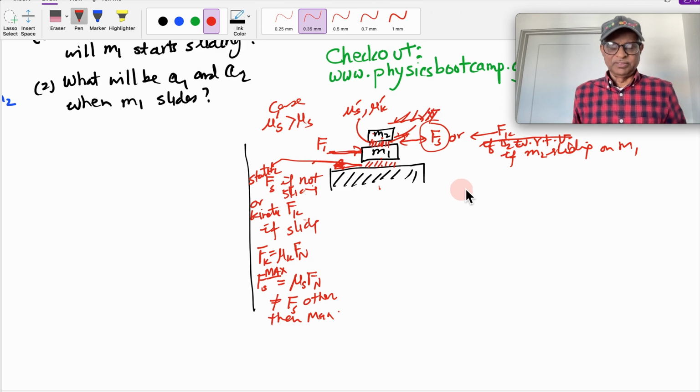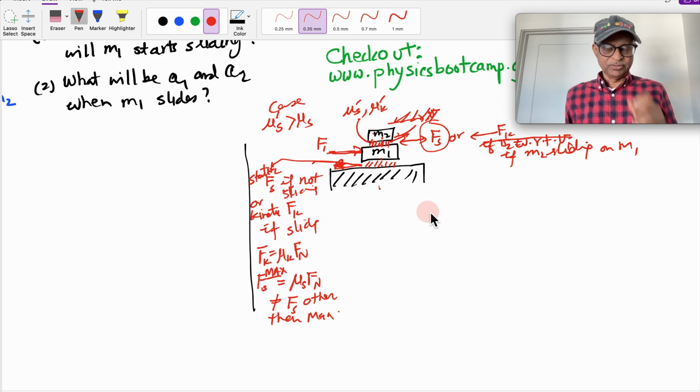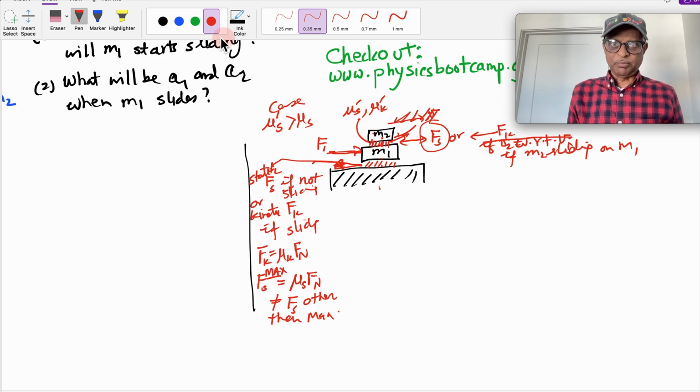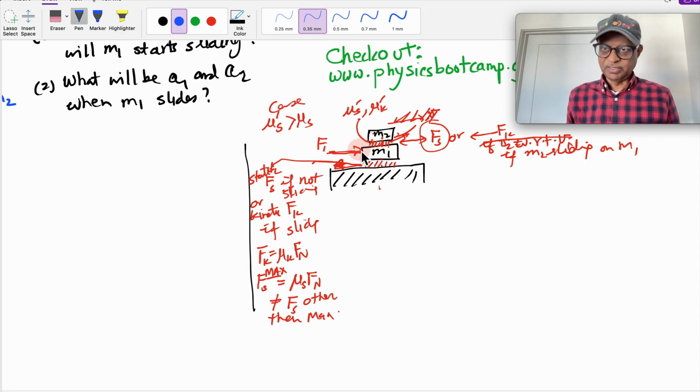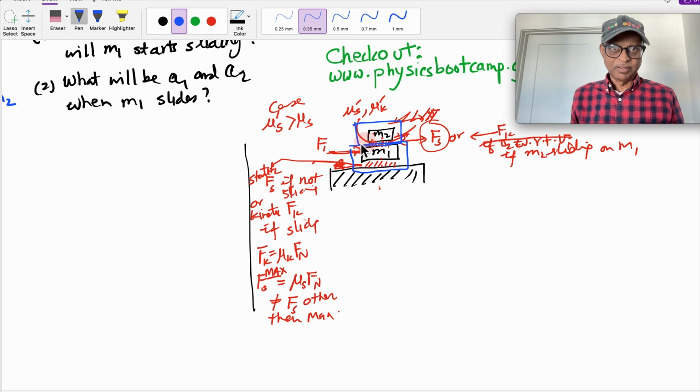So what can we do? All right. So there are a couple of things you can do, which will depend on the question asked. One is to think of this as one system, think of this as another system, or think of these two together as one system.